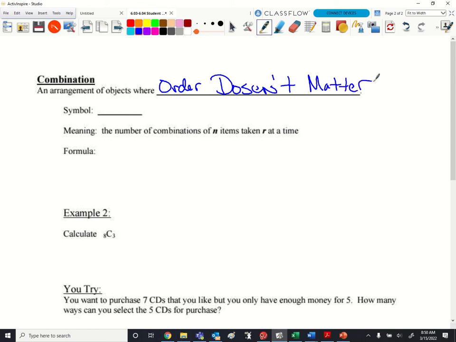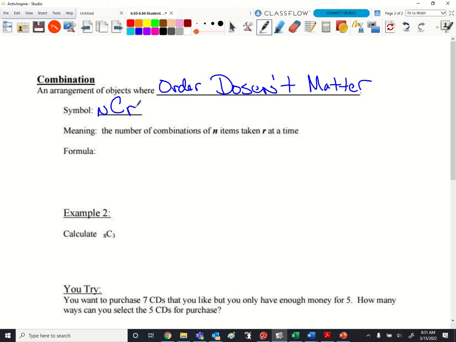Order does not matter. So for this one, my symbol, to tell the difference between combination and permutation, is now going to be nCr. n still means how many to choose from. r is how many I'm going to choose from that pool.